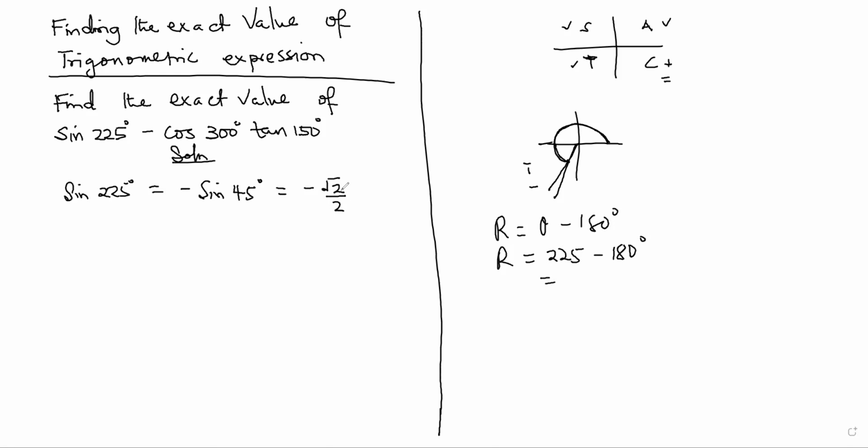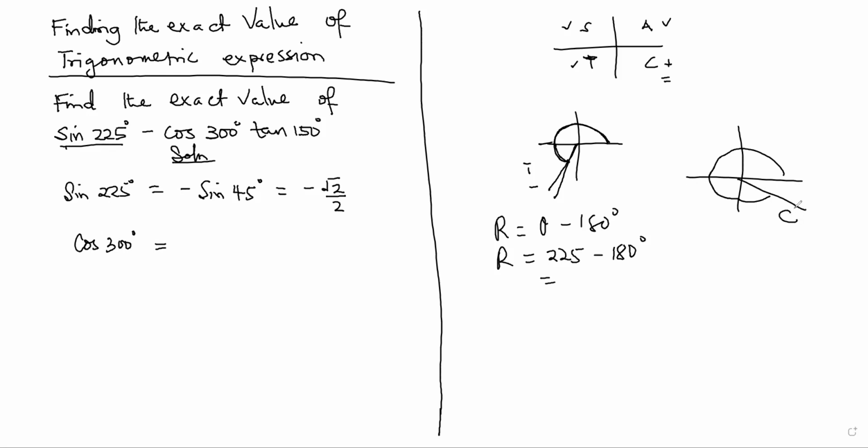Okay, so that's for sine 225. Let's break the cos 300 down also. Cos 300, sorry, cos 300 happens to be in the fourth quadrant, because there is 180, 270, so it falls here.